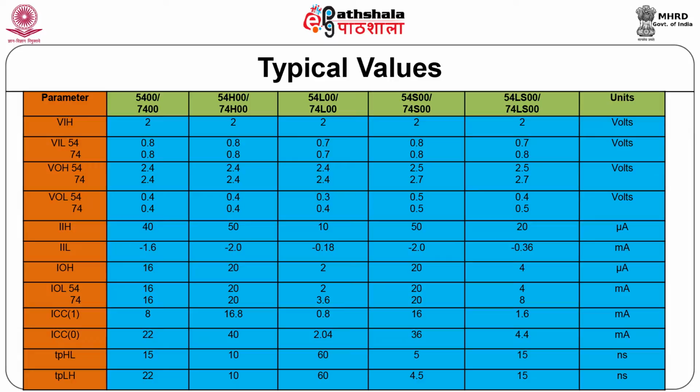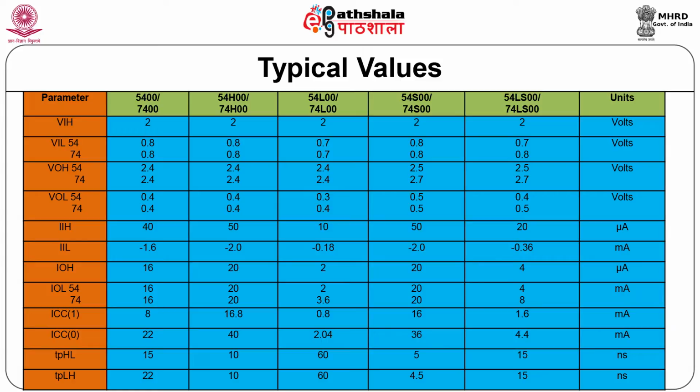VIH, input voltage considered as logic 1, VIL, input voltage considered as logic 0, VOH, output voltage considered as logic 1, VOL, which is the low output voltage, IIH, input current considered as logic 1, IIL, input current considered as logic 0, IOH, output current considered as logic 1, IOL, output current considered as logic 0, ICC for logic 1, ICC for logic 0, TPHL and TPLH, these together form the propagation delay for the gate.